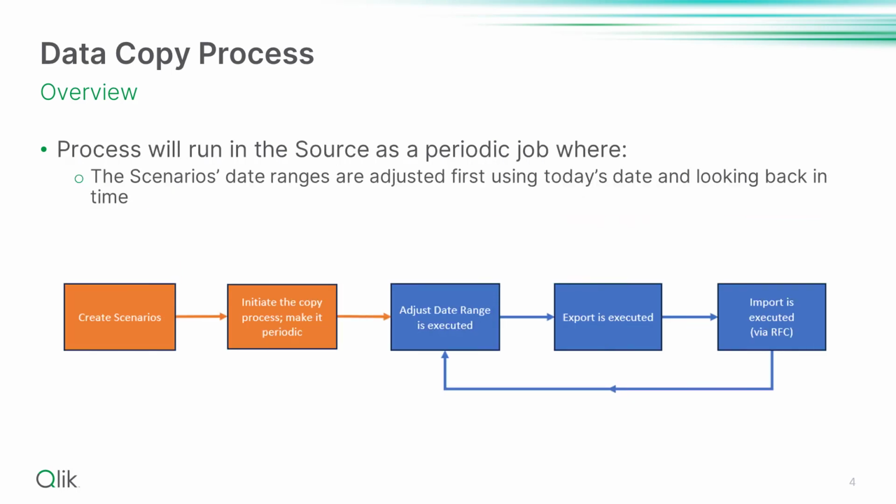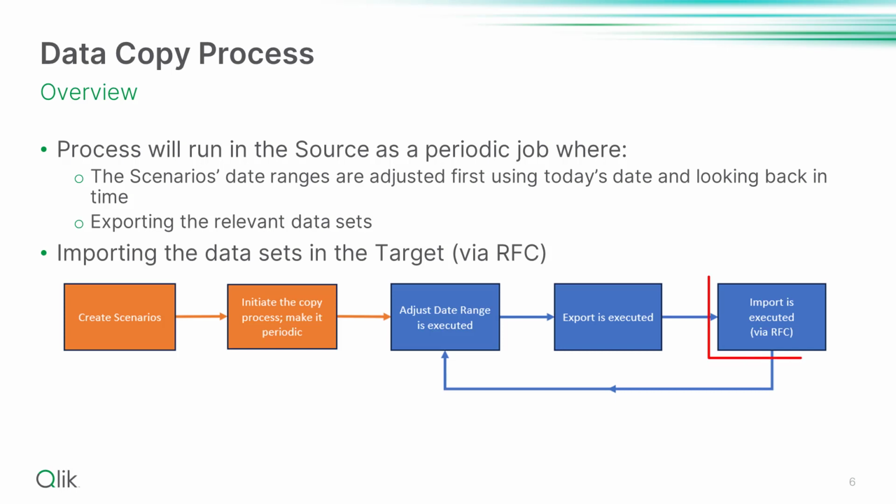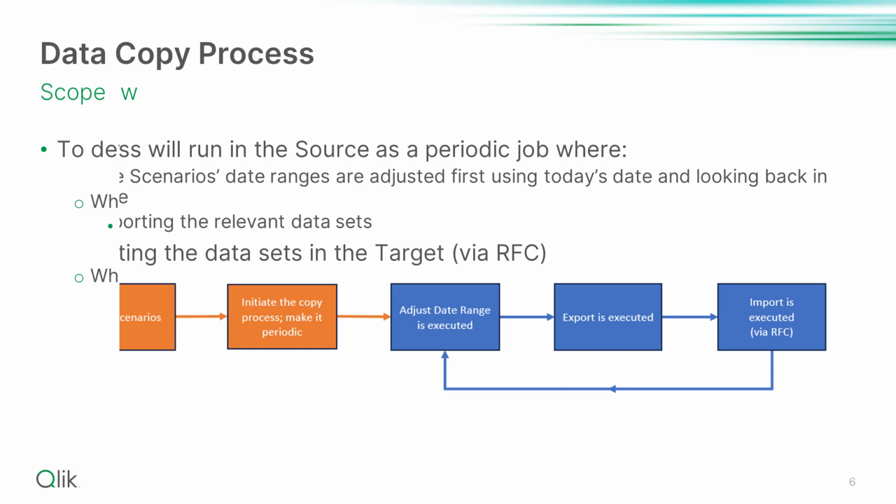The process will run as a periodic background job where the scenario's date ranges are adjusted first using today as the end date and looking back X number of days, followed by the data export, then followed by the data import, which is executed via RFC. Because the first two steps are executed via periodic background job and the import runs automatically using Qlik's auto import solution, the end-to-end copy process is fully automated.